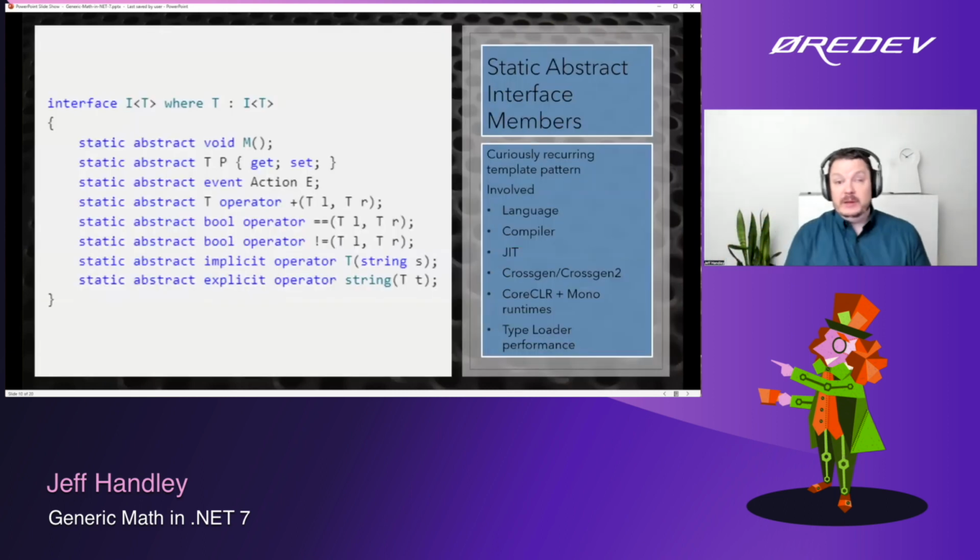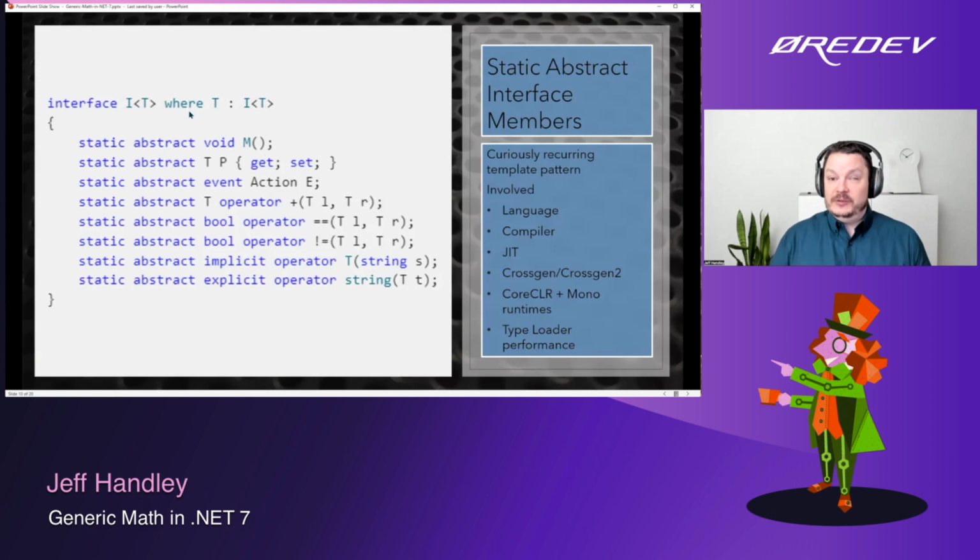First, and probably most important, is a new language feature for static abstract interface members. The idea here is to be able to define an interface of T where T is constrained to be an implementation of that same interface of T. This is known as the curiously recurring template pattern.